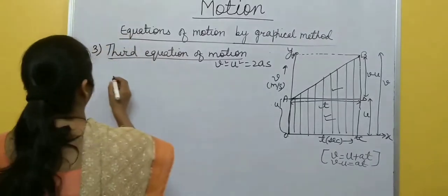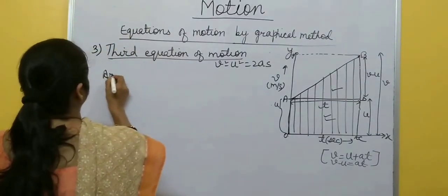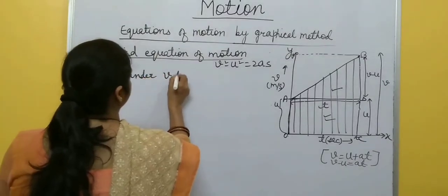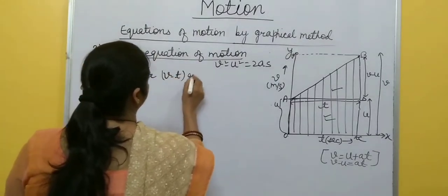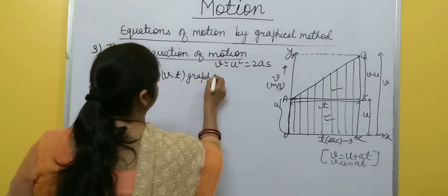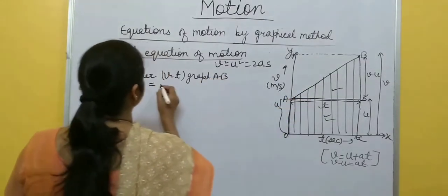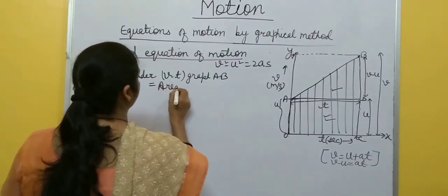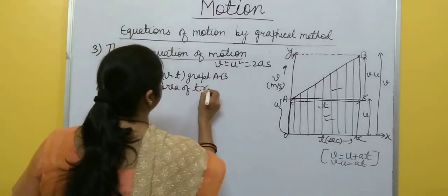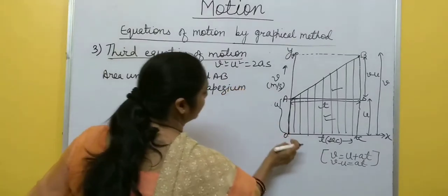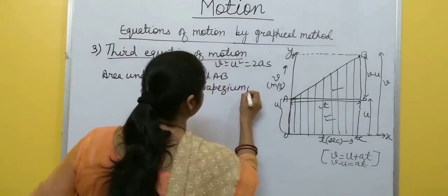So again, the area under the velocity time graph AB is what? Area means area of trapezium. What is the name of the trapezium? OABC.